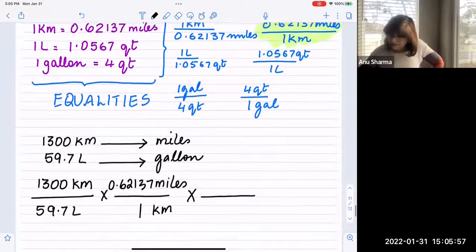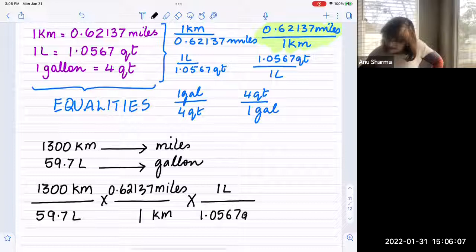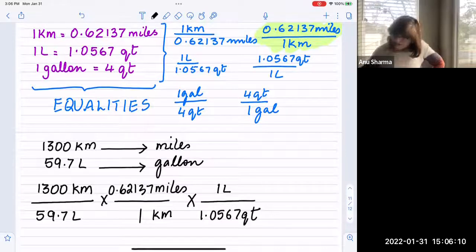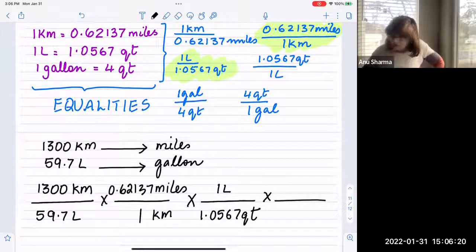So from that perspective, we will have 1 liter, so liters will cancel out, and we have the quarts, 1.0567 quarts. Okay, so this way the liters cancel out, so we will have to use this conversion factor. Next, we are going to now get rid of the quarts also.